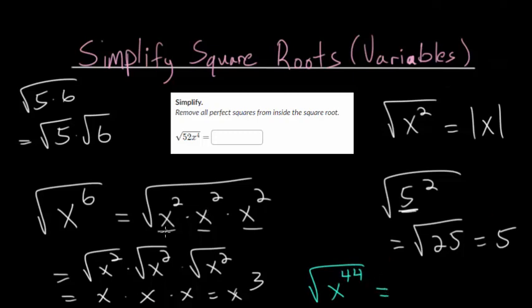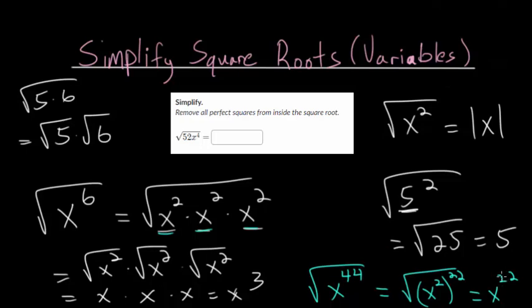Then when you actually write out all these x squareds multiplied together, you would have 22 of them. Or in other words, you would have x squared to the 22nd power. And so the square root and the square cancel, and you just get x to the 22nd. Or in other words, once it comes out of the square root, your exponent gets cut in half. Becomes 22 in this case.